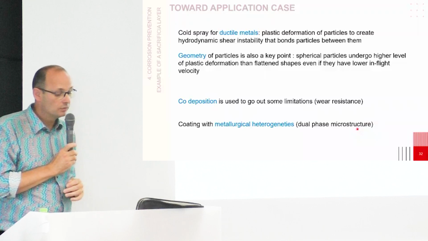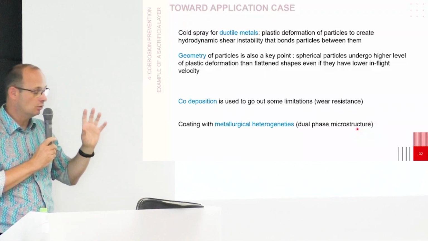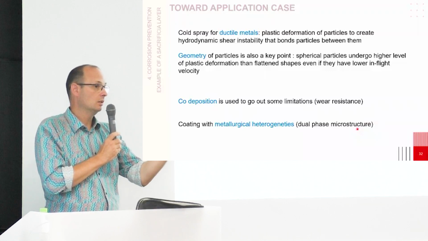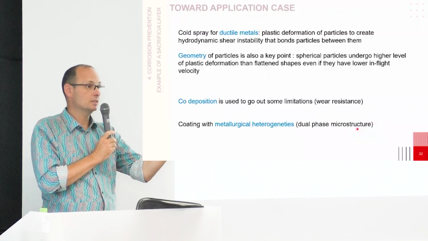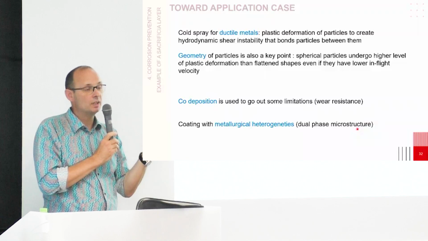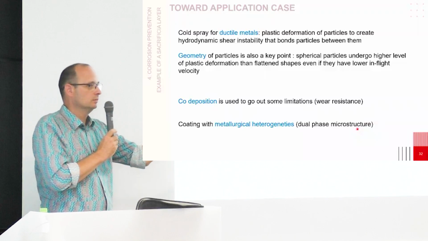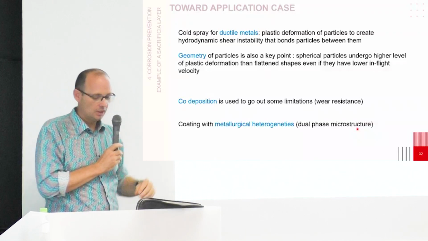Here we are using physical bonding, so the particles that we have selected never change physical and metallurgical state, which is quite good because in the process there is no evolution of the chemistry of the particle. Okay.